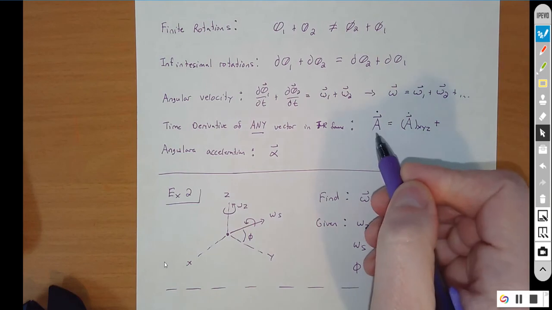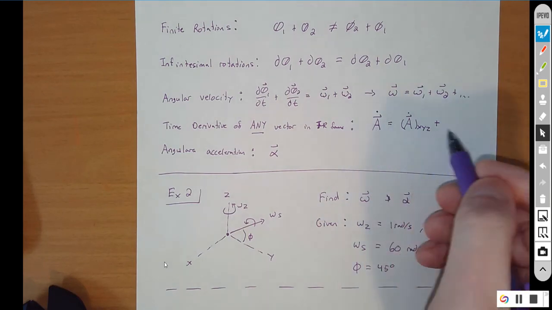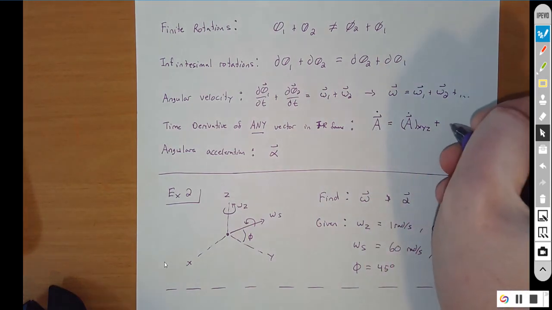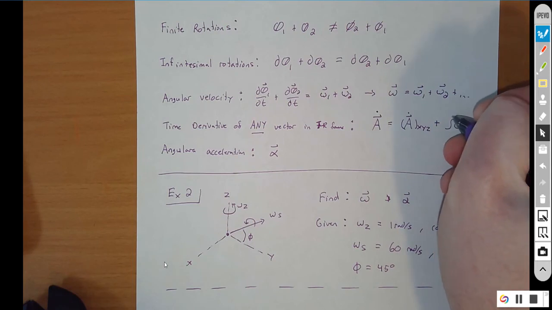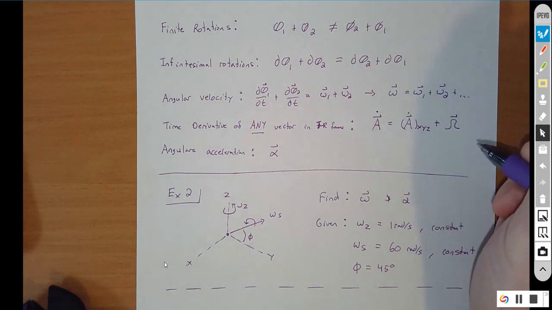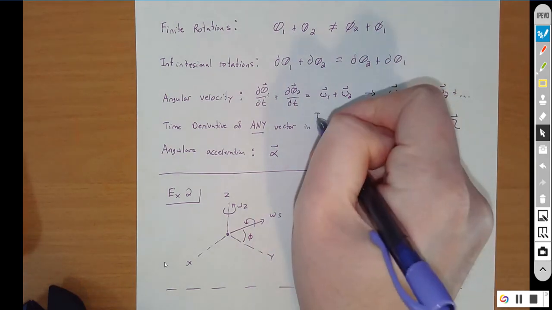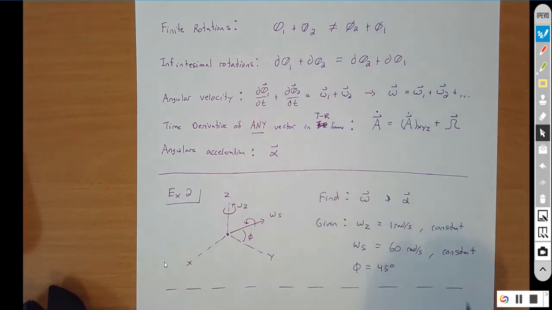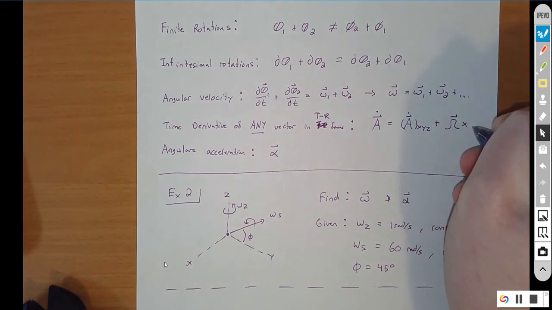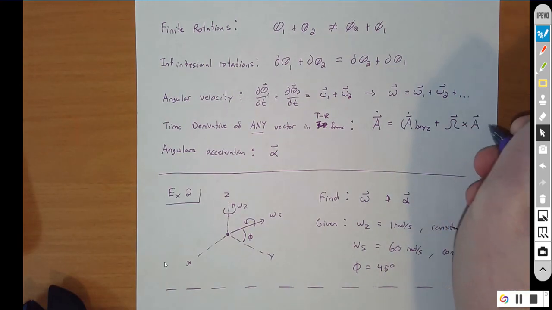So again, this might be like, I'm trying to look for acceleration, so it's the local acceleration plus something. This is going to be the rotation of the rotating coordinate system. The subscript TR stands for translating and rotating. And we're going to cross that with our original vector A.